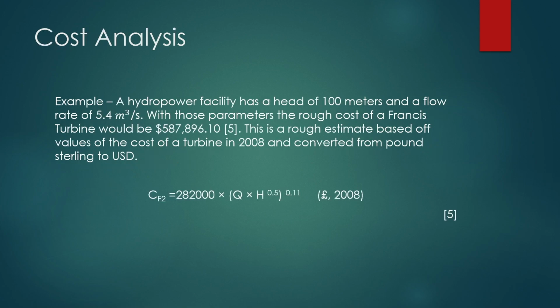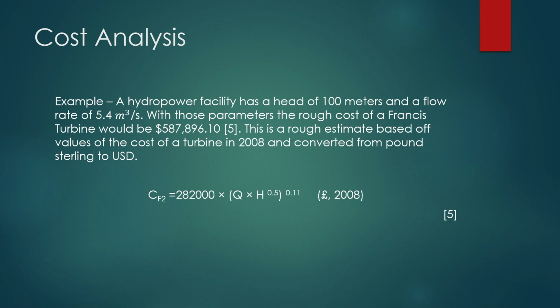Cost analysis. I looked up online and found this equation through a website that basically gives a cost breakdown. It was a UK website, so it gives pounds sterling from 2008. So I just put together a theoretical little example because I don't really have a set parameter, so I'm just picking one so that you can get an idea of what it would cost at these specific parameters.